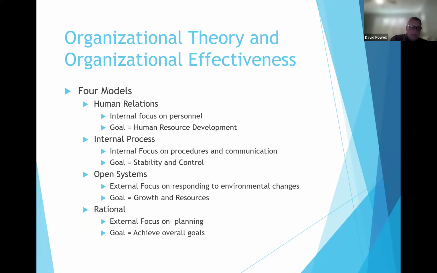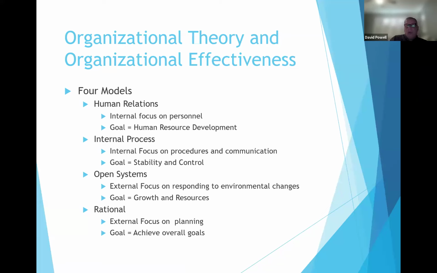Then the bottom left, we have what's called the internal process model. That internal process model is obviously on the left-hand side because it's an internal focus, and it's at the bottom because the focus is very much on control. What we try and do is control communications and control information management for the purpose of developing stable processes within the organization.